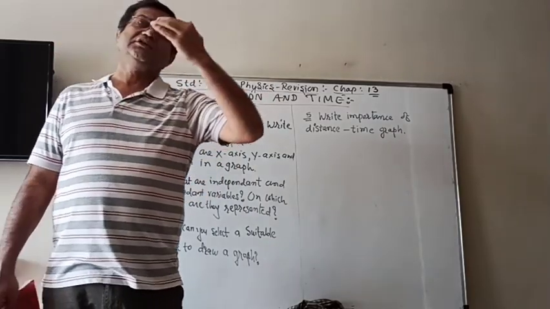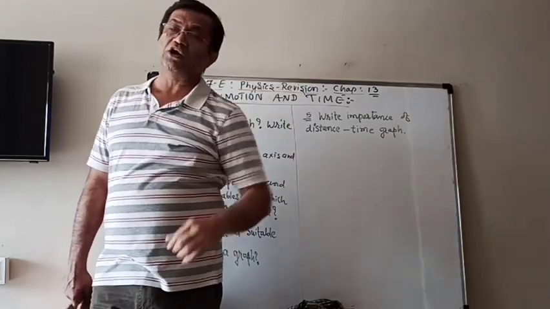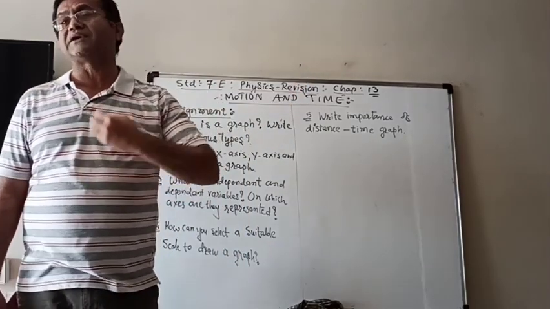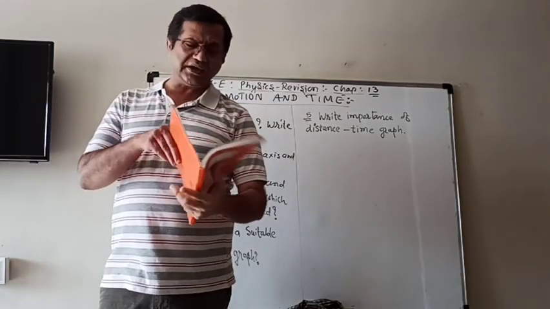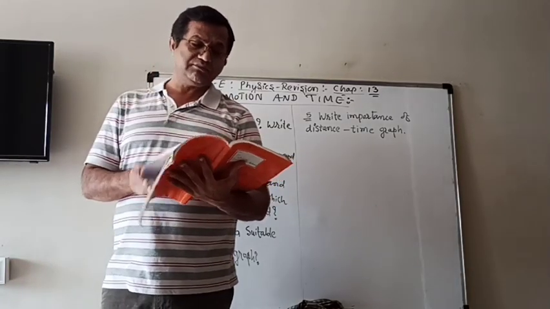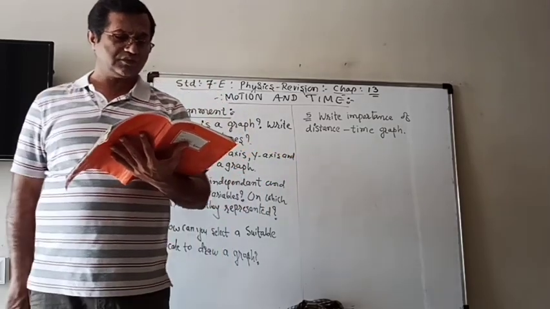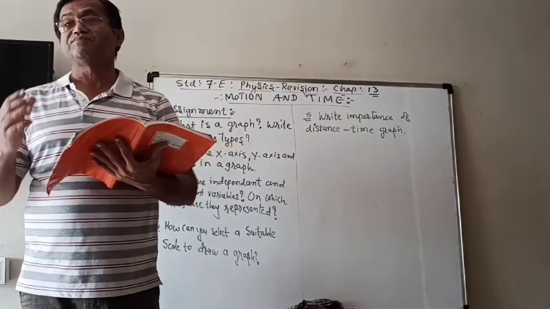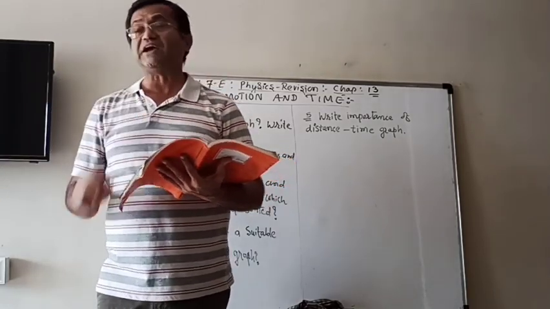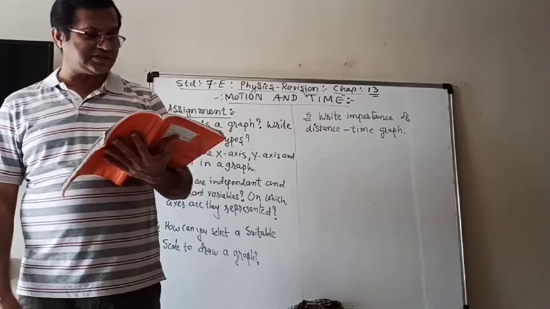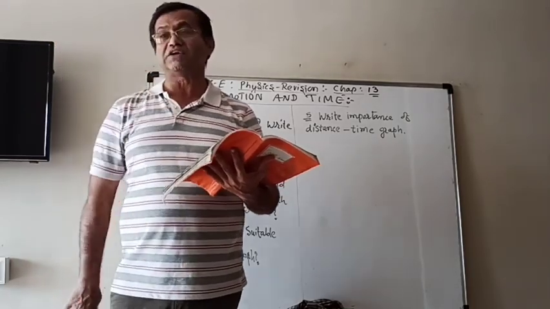Otherwise, maybe some of the data you will not be able to express on your graph page. So the first thing is checking the difference between the highest value and the lowest value, and then the quantity can be exactly represented. The second thing is the intermediate values of each quantity.